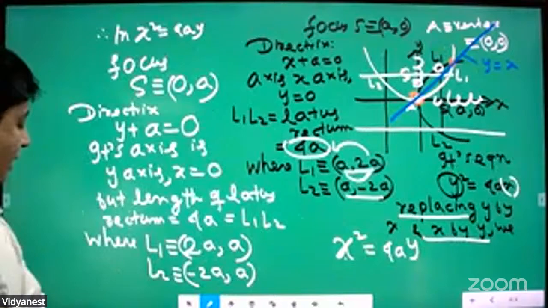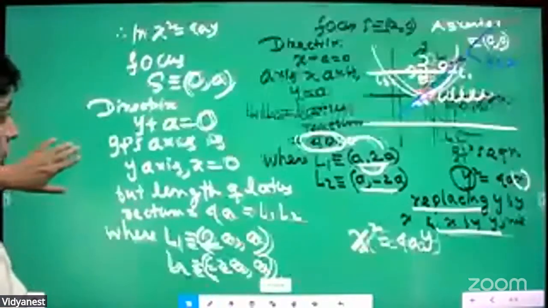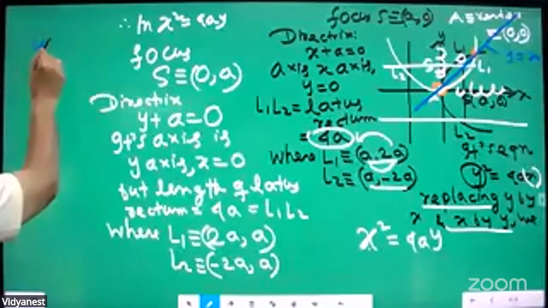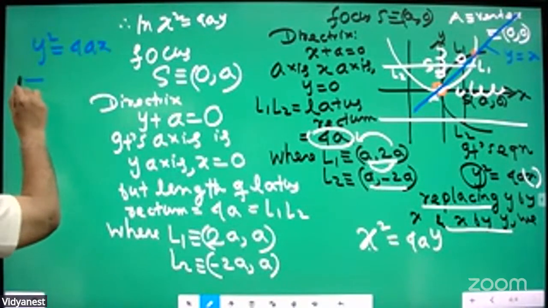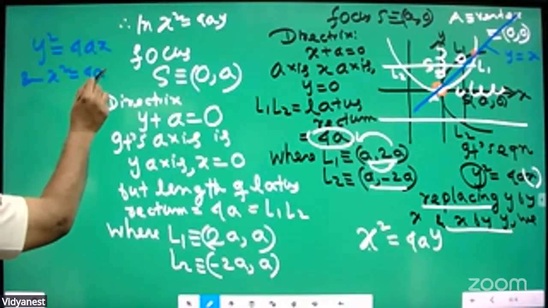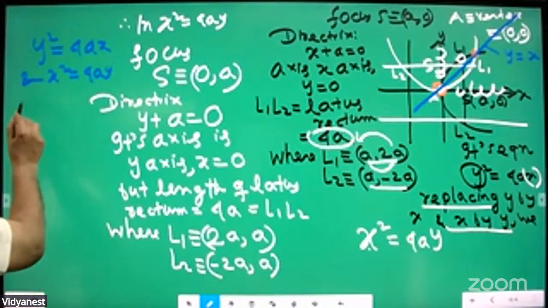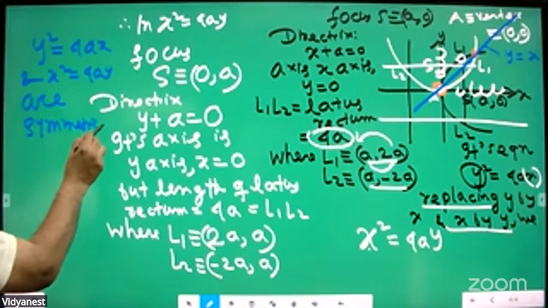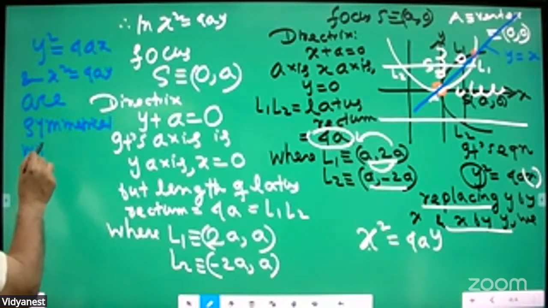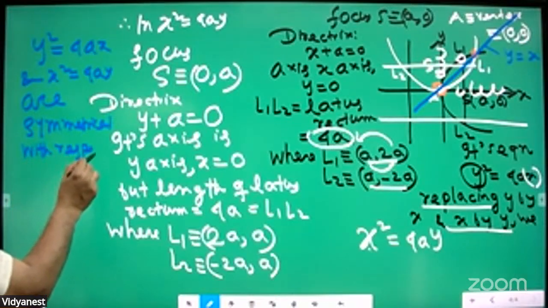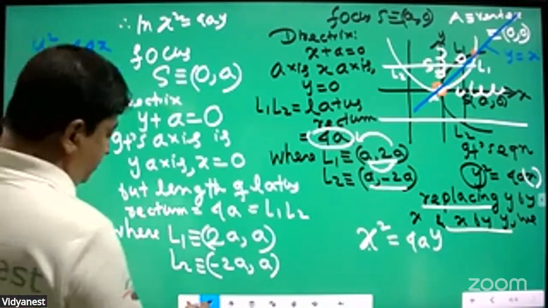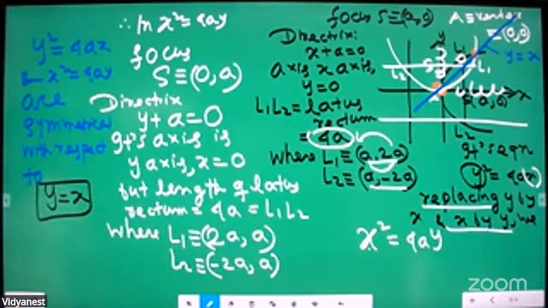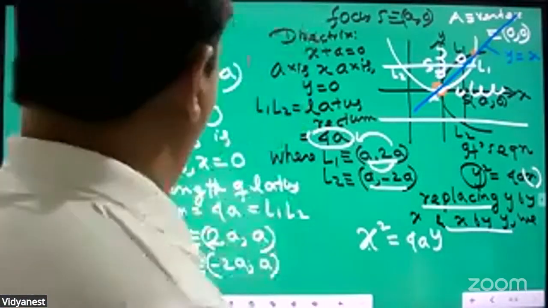So one conclusion I can draw: this figure suggests that y square is equal to 4x and x square is equal to 4y, these two parabolas are symmetrical with respect to y is equal to x.